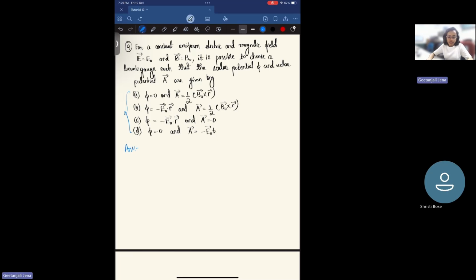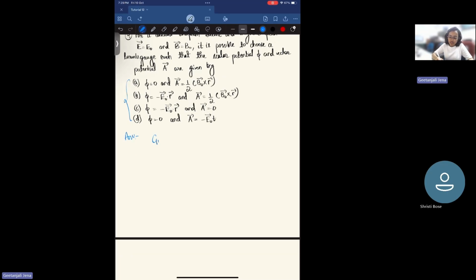So for this, let us see what the options are. Let's say we are taking the Cartesian coordinates so that we can find the cross and the dot product easily.